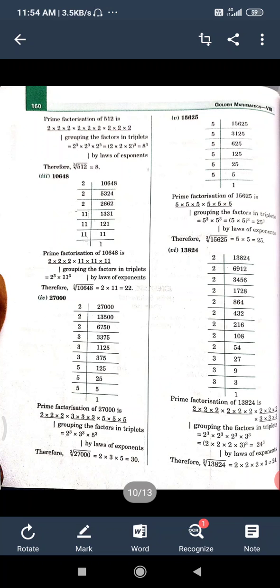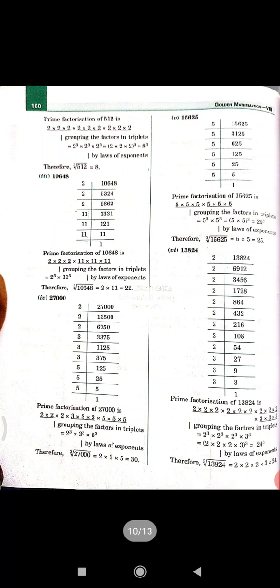Now divided by 2, 6912, again divided by 2, 3456, again divided by 2, 1728, again divided by 2, 864, again divided by 2, 432, again divided by 2, 216, again divided by 2, 108, again divided by 2, 54.